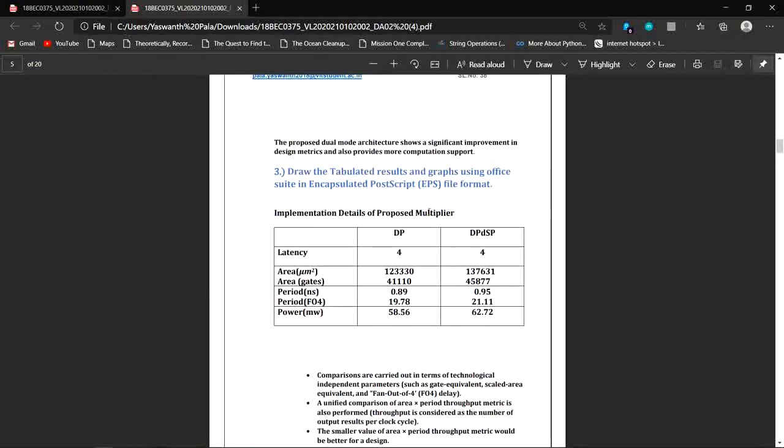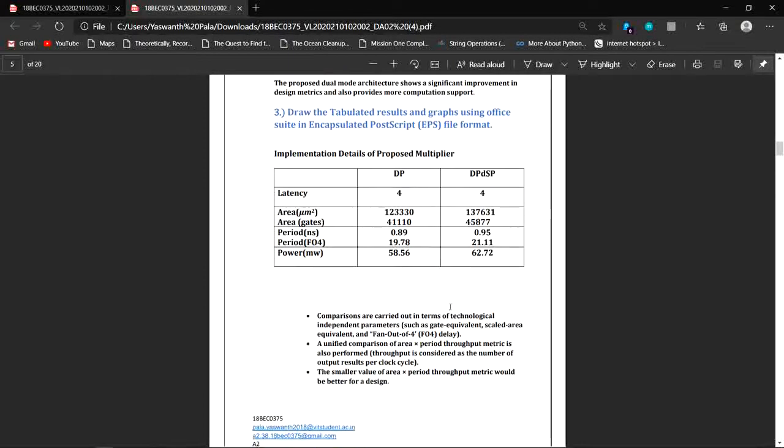The third question was to draw the tabulated results and graphs using Office suite in encapsulated PostScript EPS file format. The parameters on which the system depends are clearly given here. For double precision and double precision DSP, the two modes, we have mentioned the parameters we are considering, like latency, area, period, and power, with the particular values.